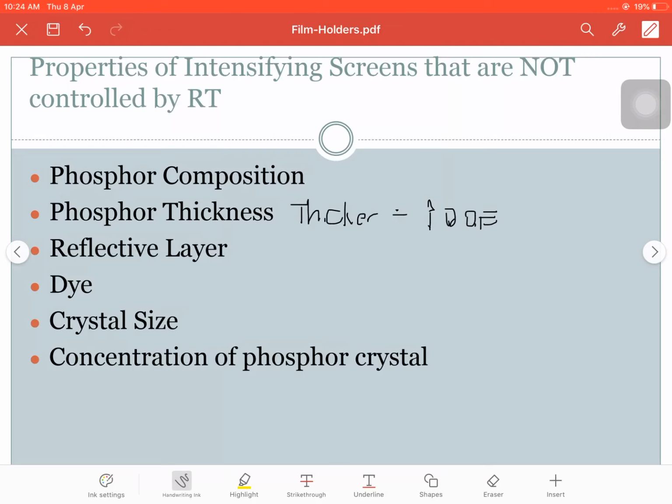Next is dye. The light absorbing dye that is added to control the spread of light improves spatial resolution but will reduce speed. Next is crystal size. The larger individual phosphor size produces more light. Again, larger crystal size produces more light.